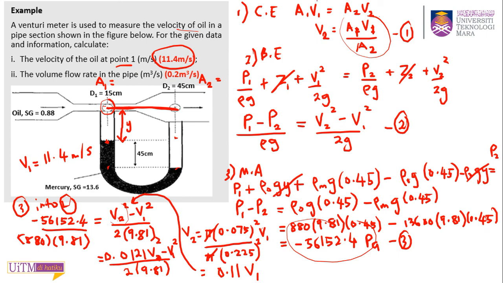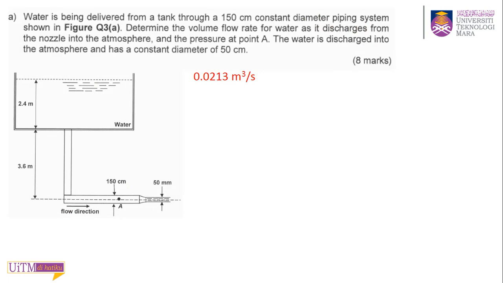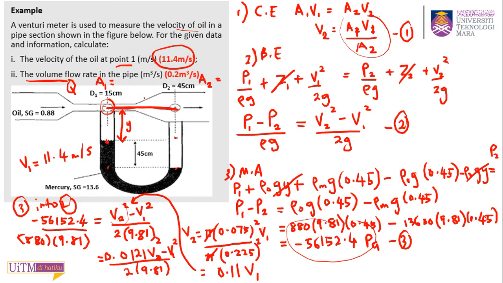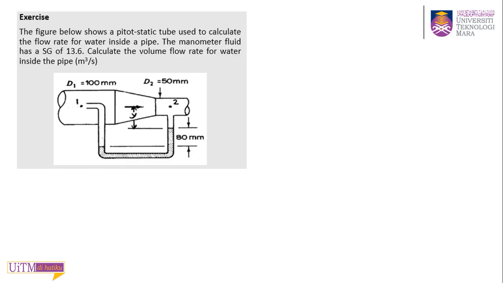And lastly, the volume flow rate is just A1 times V1, or A2 times V2, whichever you choose. So it is just the multiplication of A and V. I think that's all. You can try to do this.